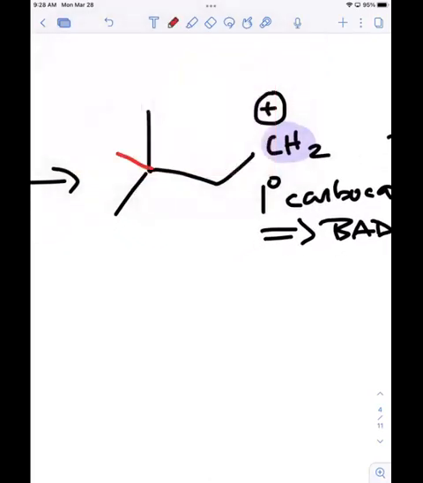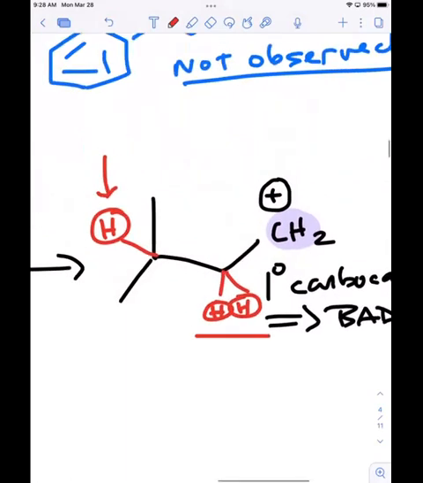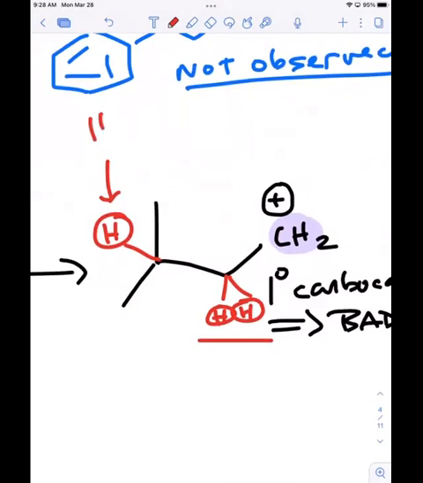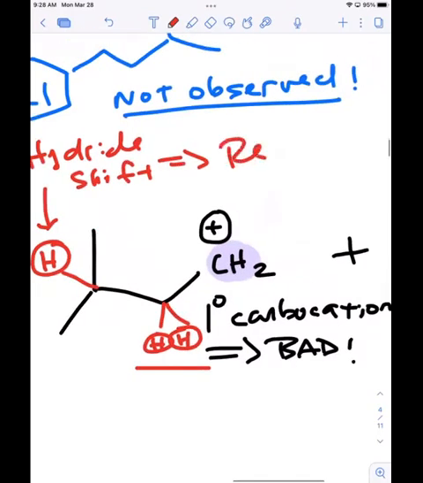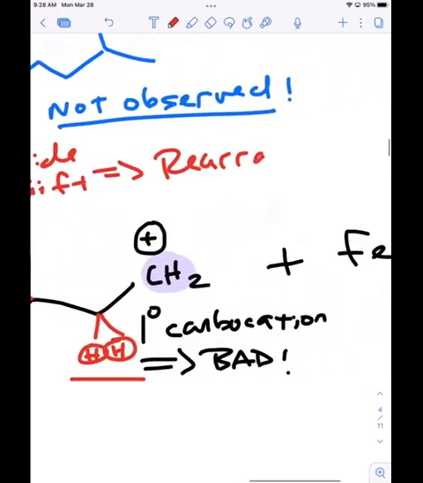But in this case, we have this hydrogen right here that's close by. We've got these hydrogens down here that are close by, right? But if I move these, I'm only going to go from a primary to a secondary. If I use this one, I can do a hydride shift, which is a type of rearrangement.